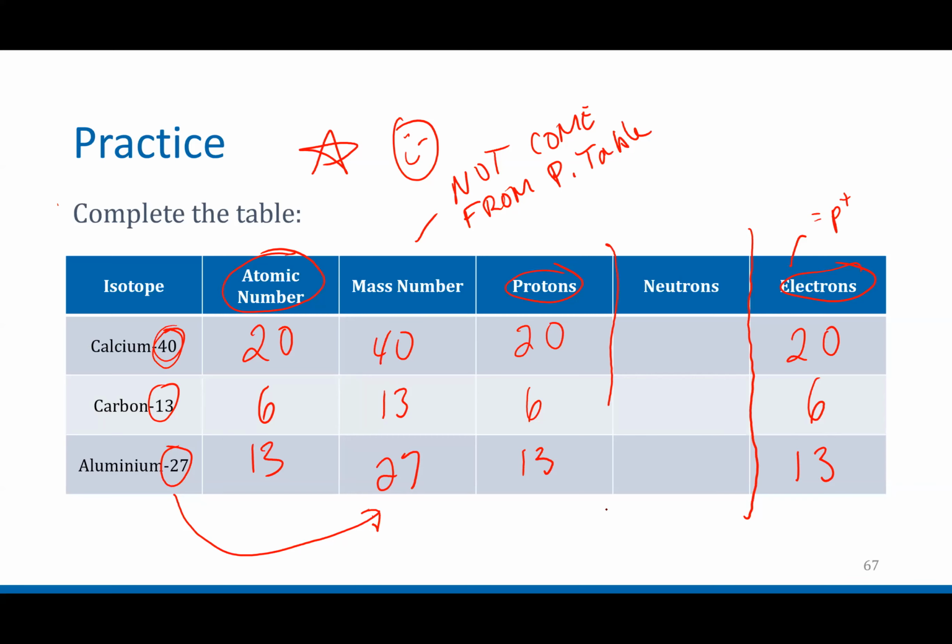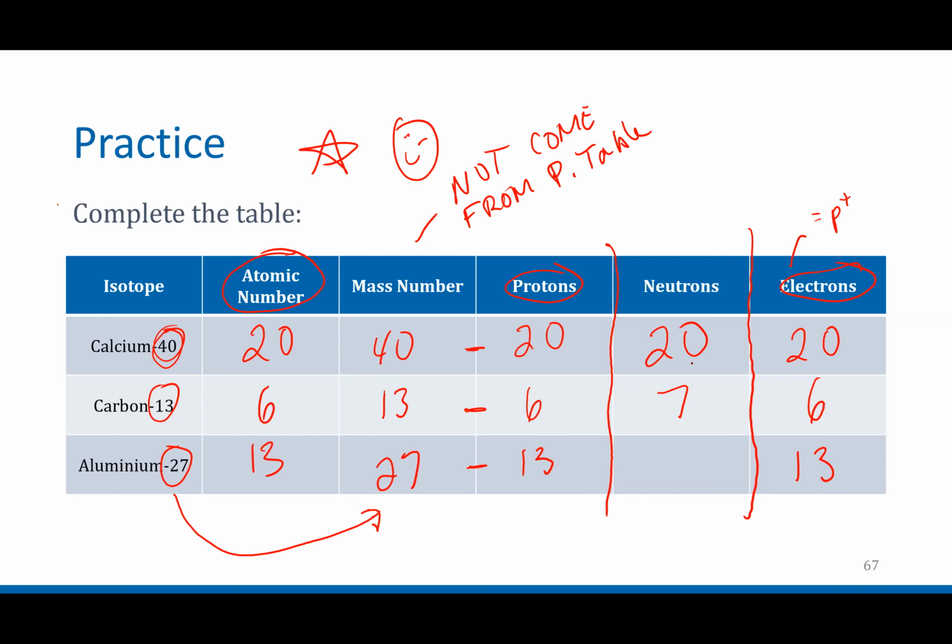So really the only challenge here is calculating the neutrons. And all we need to do is subtract the number of protons from the mass number. So we have 40 minus 20 is 20, 13 minus 6, I think that would be a 7, whoops.